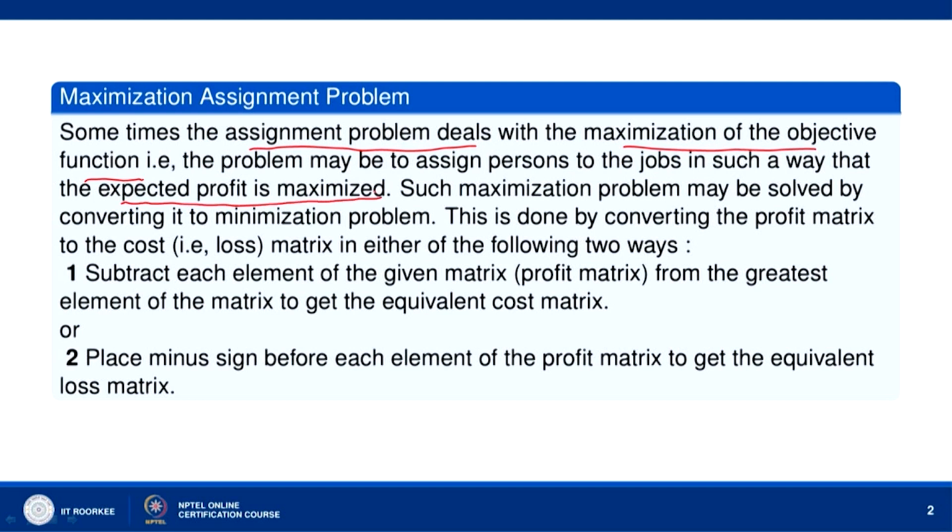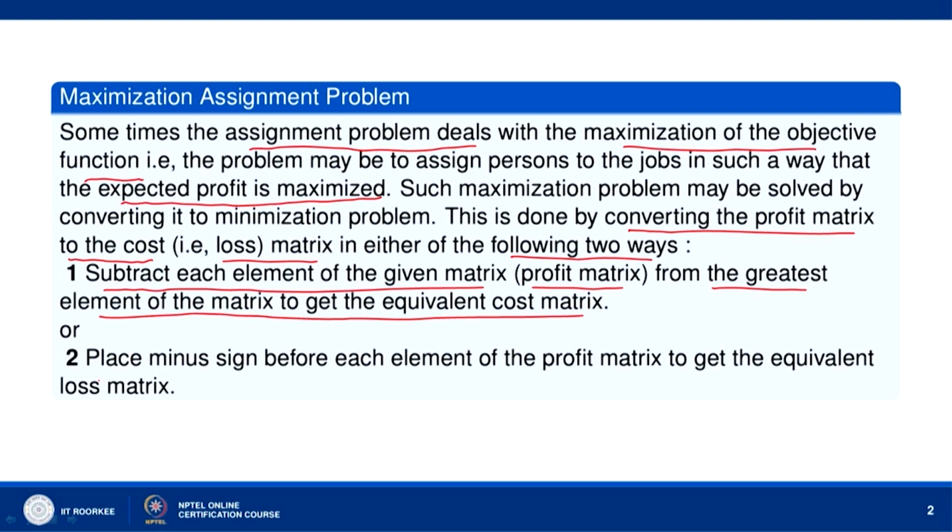Such a maximization problem can be solved by converting it to a minimization problem, and it can be done by converting the profit matrix to the cost, that is, loss matrix. There are two ways to do this. The first way is to subtract each element of the given matrix, that is the profit matrix, from the greatest element of the matrix to get the equivalent cost, that is, loss matrix.